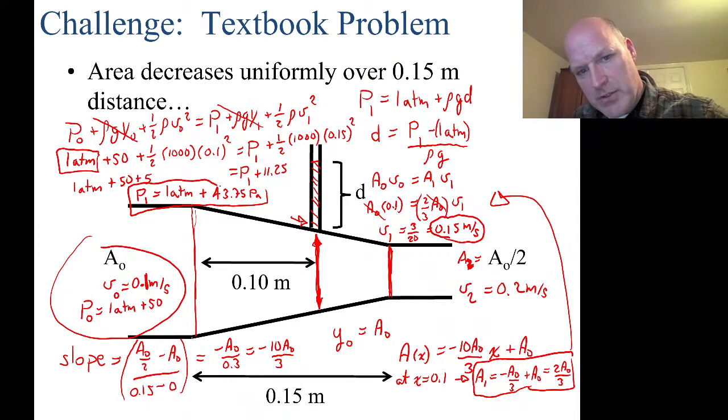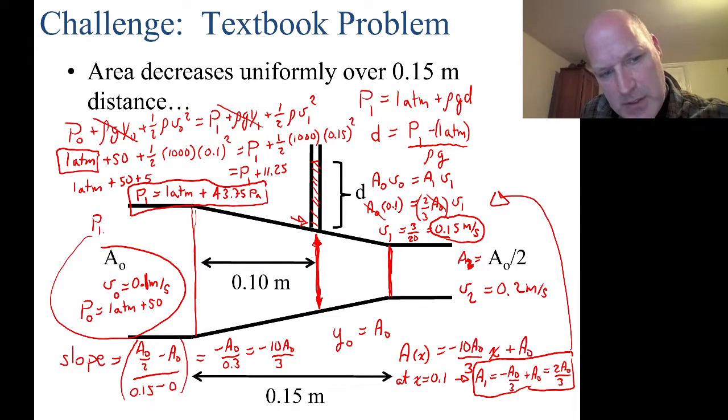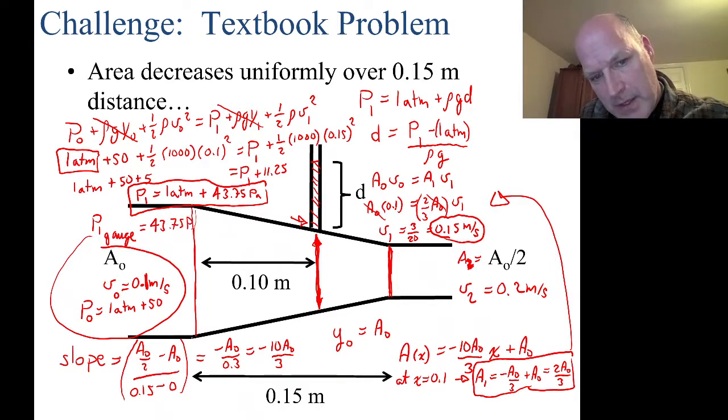So it's sort of mixed units. Or the other way we can say is that P1 gauge is equal to 43.75 Pascal.